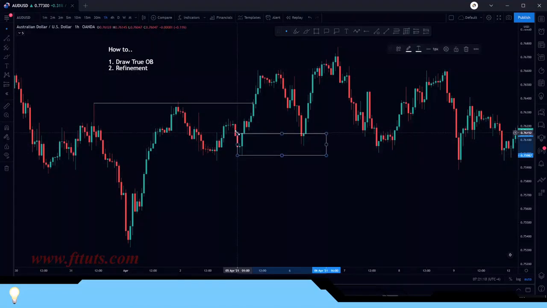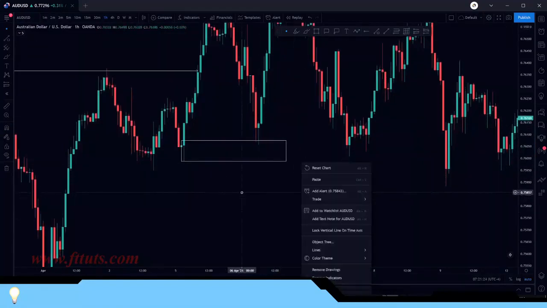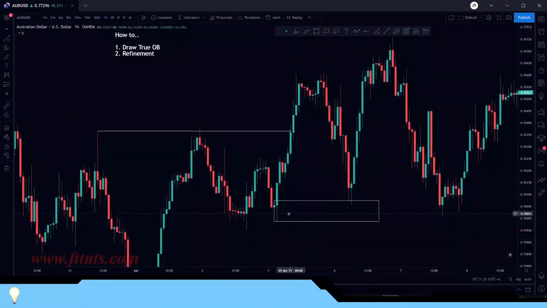And then the next refinement you can do within the same time frame is refine it to the next candle. The reason behind this is, let me zoom in here, the true momentum that created this level of demand or this bullish order block originated once this big candle was created. What did this create? It created imbalance over here, and it broke above the top wick of our true order block right here.